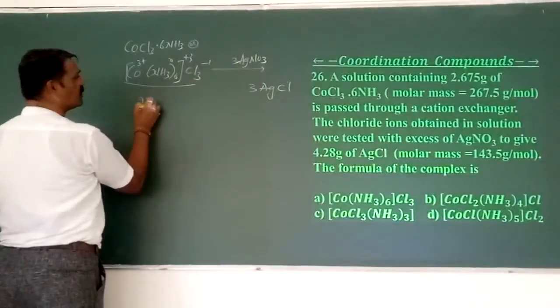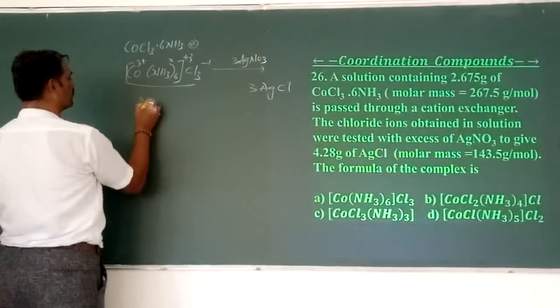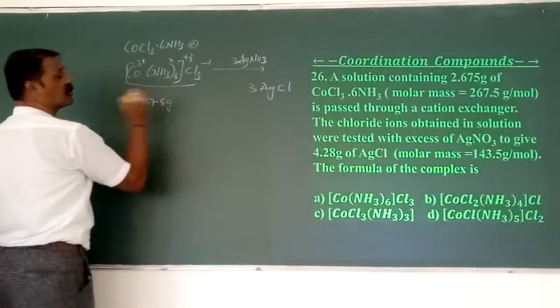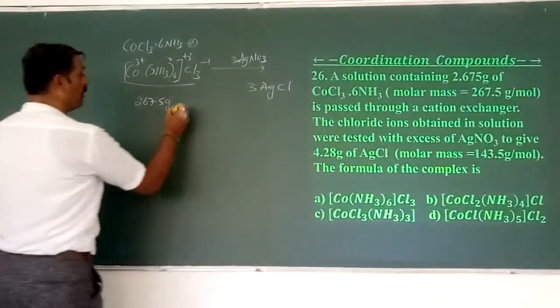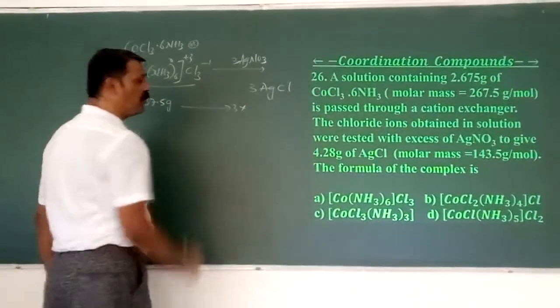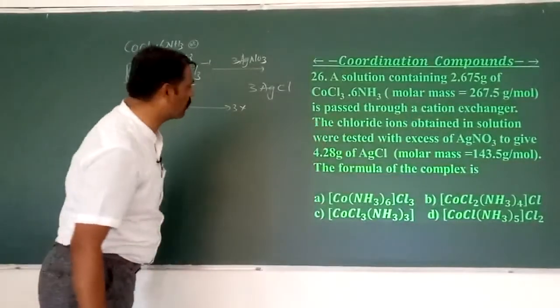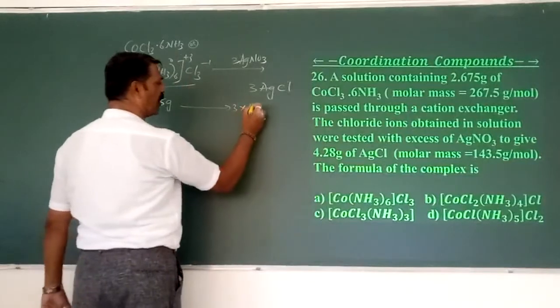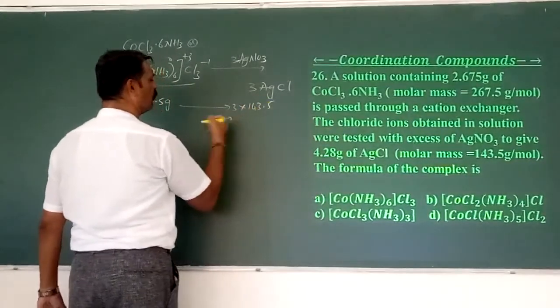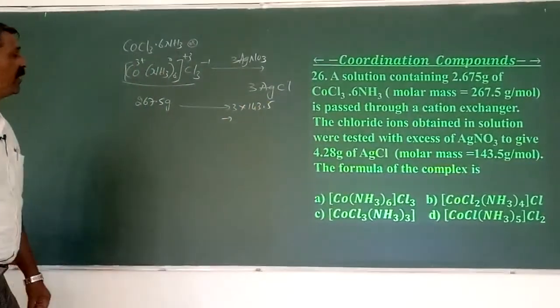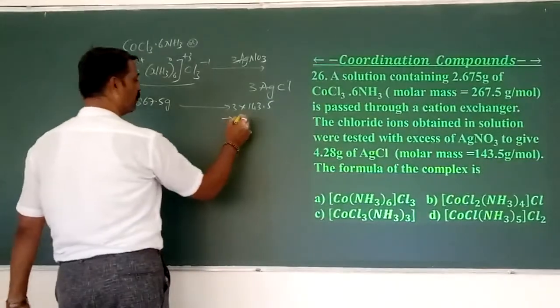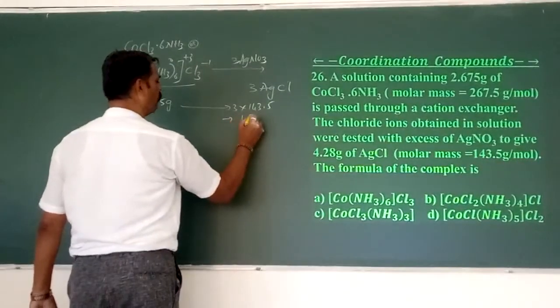Here already the mass is given as 267.5 grams per mole. It gives rise to 3 into silver chloride, 143.5. That's equal to 430, nearly 430 grams, not exact.